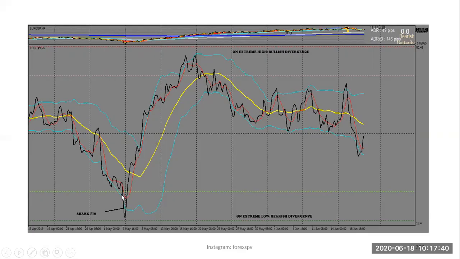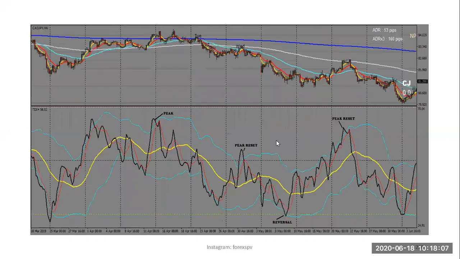And I usually look for the shark fin. See the RSI price line crossing the volatility bands and then coming back. And this is one of the confluences that the dealer is now forming a peak. When this occurs around a peak formation low or around a peak formation high, then it indicates that the dealer is now forming a peak.